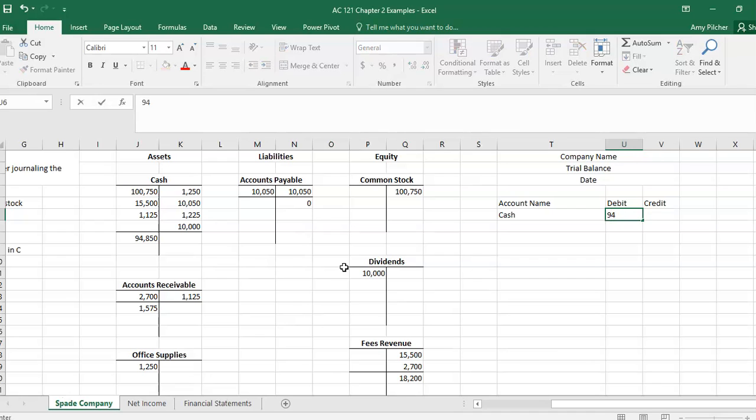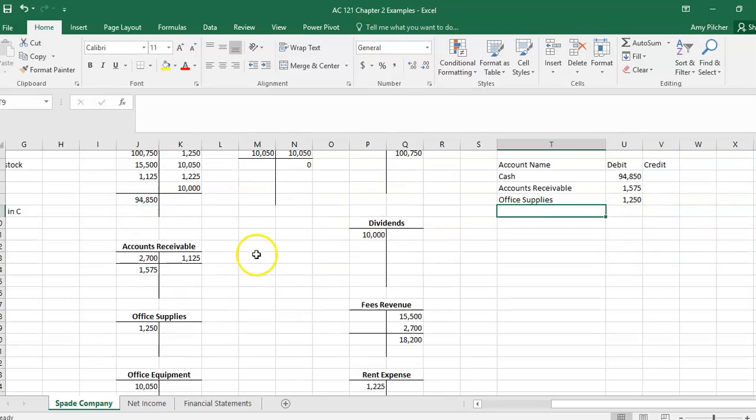Cash, $94,850. Accounts receivable, the balance of $1,575. Office supplies, balance $1,250.